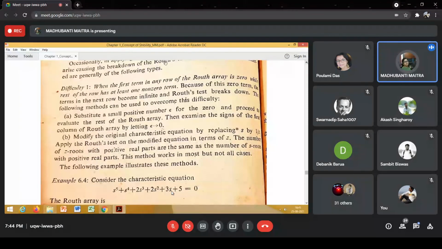So what is the nature of the difficulty? When the first term in any row of the Routh array is 0, while the rest of the row has at least one non-zero term. Have you understood the nature of the difficulty? Yes, the first term of a row is 0, but that particular row contains some other non-zero term.